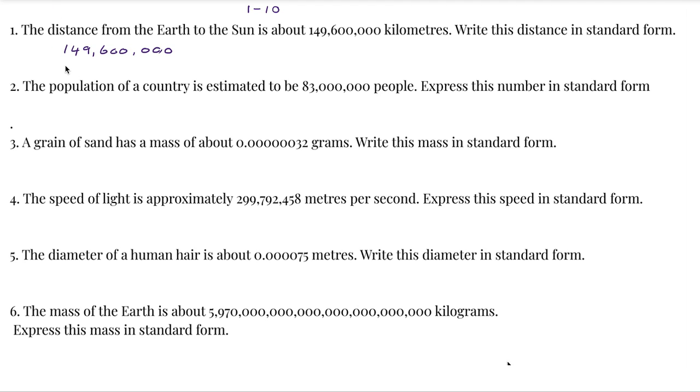It's got to be between 1 and 10, so our decimal point will live here. And we moved it up 1, 2, 3, 4, 5, 6, 7, 8. So our answer is 1.496 times 10 to the power of 8.